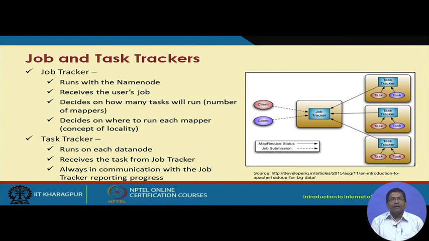The task tracker runs on each data node, receives the task from the job tracker, and is always in communication with the job tracker, reporting the progress that is made. As we can see here, we have the job tracker running on the name node and the task tracker running on the data nodes.